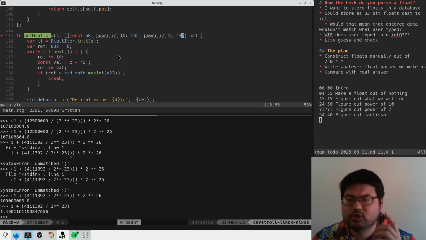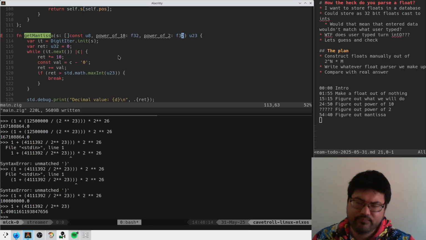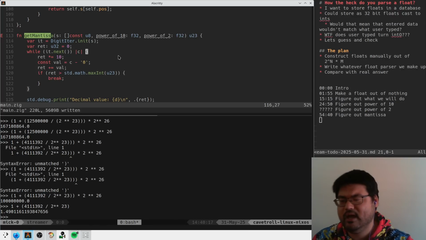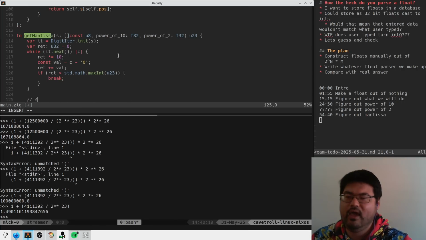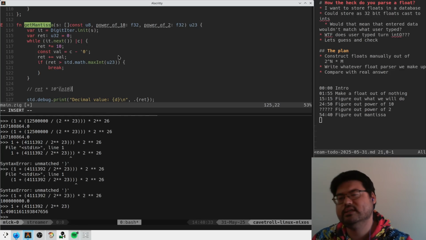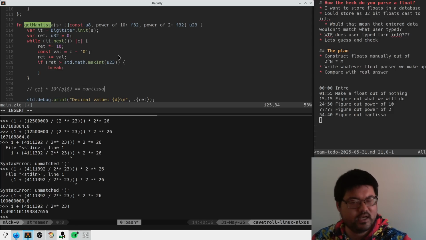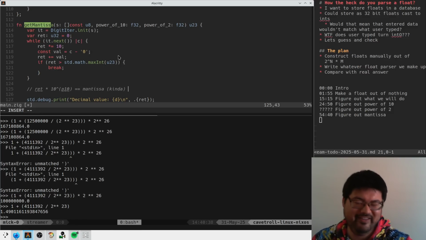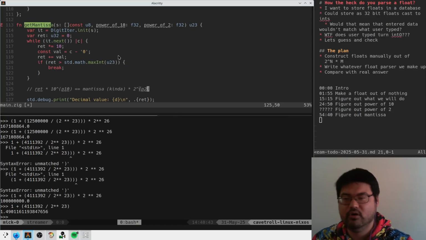These two numbers together must convert this in some way. So we have something like a times 10 to the power of b. We have a, this is ret that we've just parsed, times 10 to the power of p10 is equal to mantissa, kinda, times 2 to the power of p2.